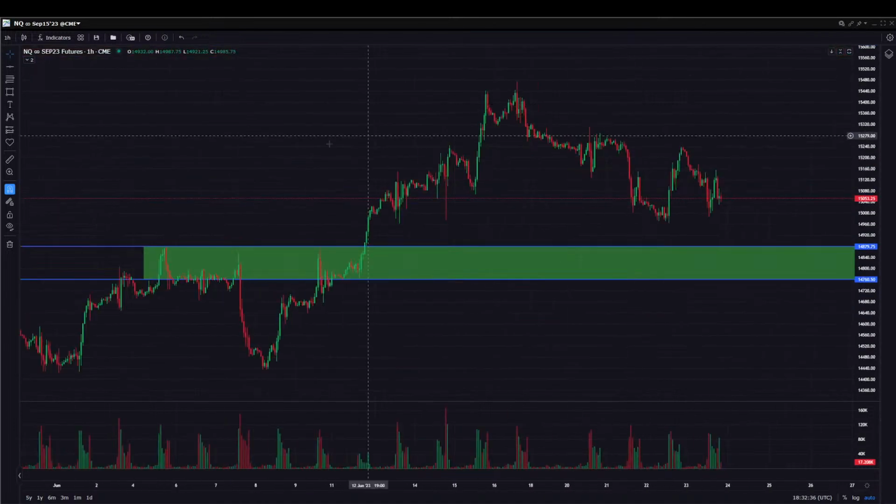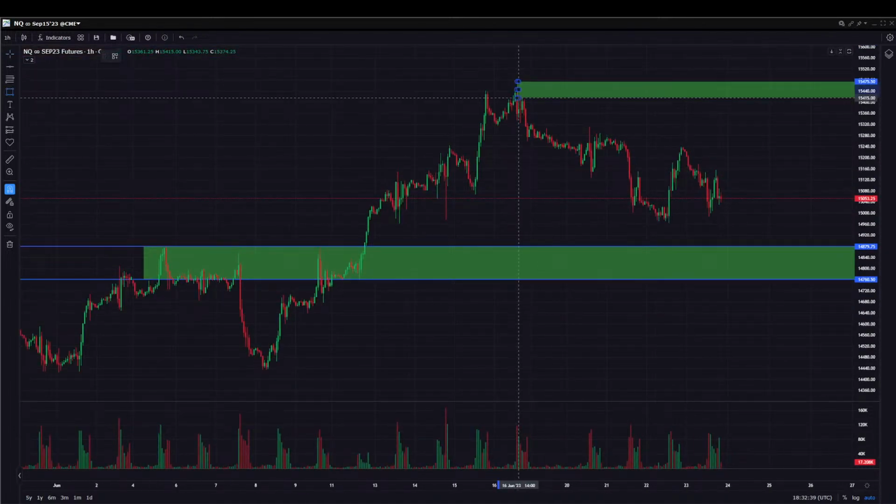Quickly get this one done with. Hourly zones.